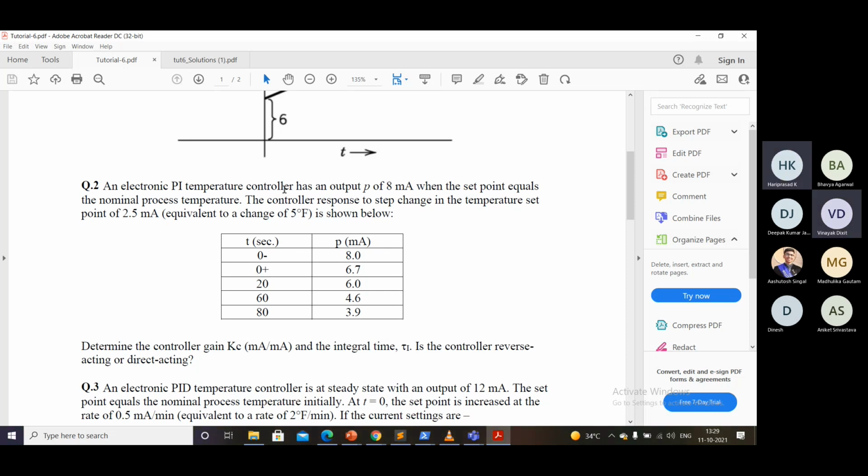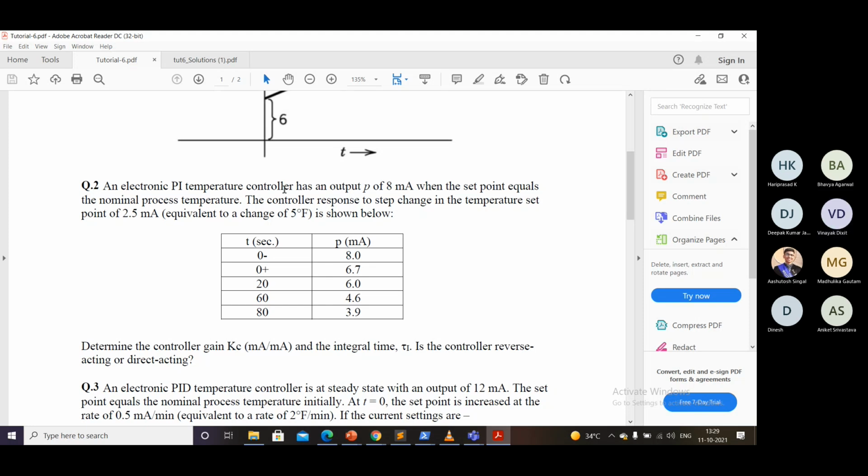Yes, sir. So basically, this is a direct application of the PI temperature controller, and we can directly refer to the graph that we solved above. It is also given that the intercept will be due to the proportional part and the slope will be due to the integral part.